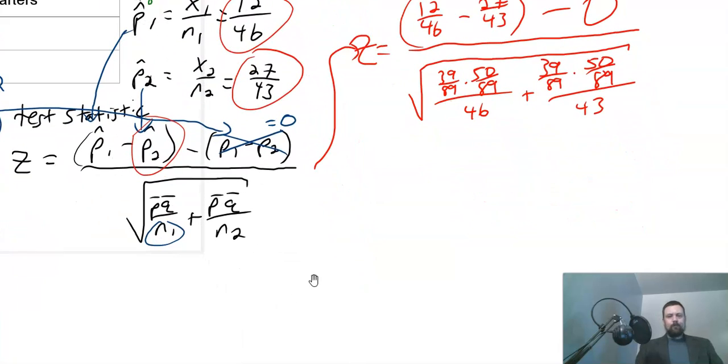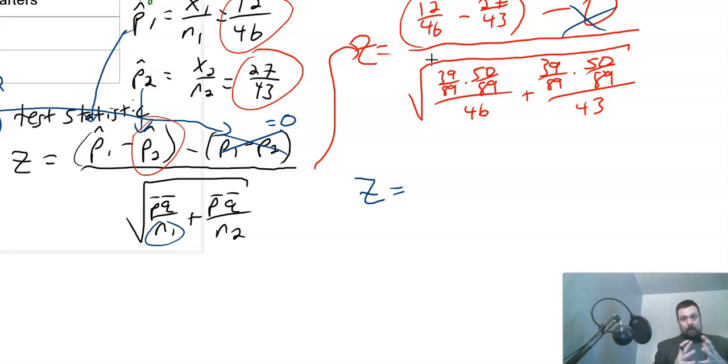And so we'll have to plug that very carefully into our calculator. Again, use parentheses for the numerator. You can drop the 0. You don't have to type that part into your calculator. It might actually cause more problems than anything, so just drop it. But keep this in parentheses. So we're going to have parentheses 12 divided by 46, minus 27 divided by 43.